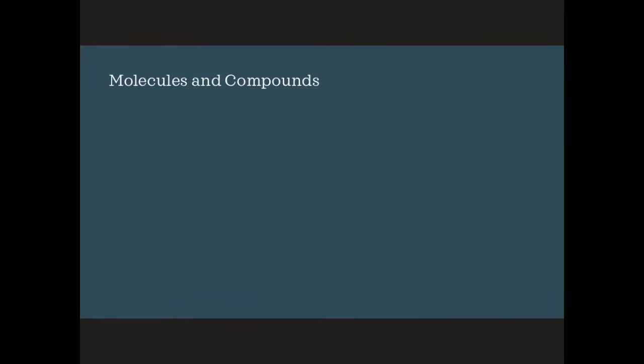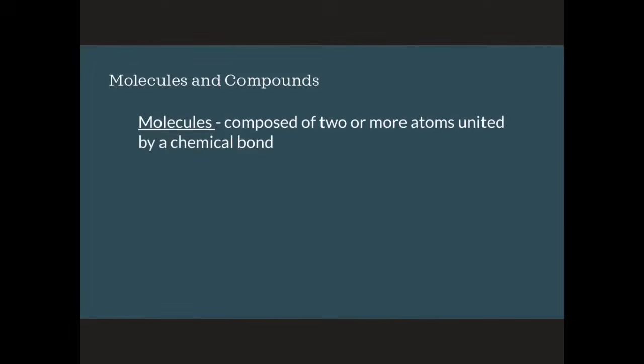Now that you hopefully understand things like elements and ions, let's talk about the difference between molecules and compounds. Molecules are composed of two or more atoms that are united by a chemical bond. Examples of these would be nitrogen gas or glucose. A compound is a molecule that contains at least two different elements.